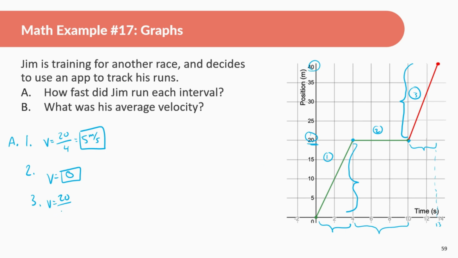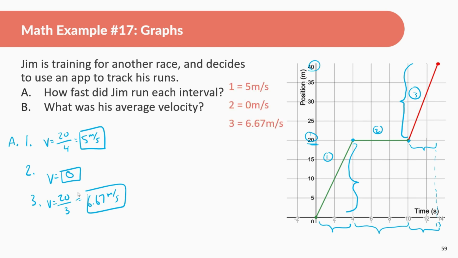It's not really drawn the absolute best, but what I'm going to say is the run is from 10 to 13. If you put 14, that's fine. But the run I'm going to just put as 3 seconds. If you put a 4, again, that's fine. 20 divided by 3 is 6.67 meters per second.